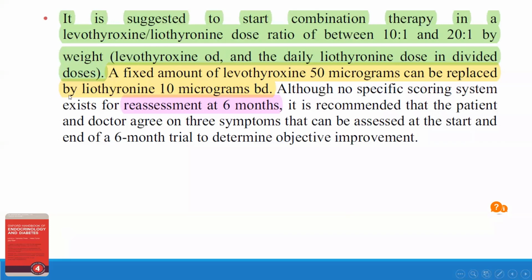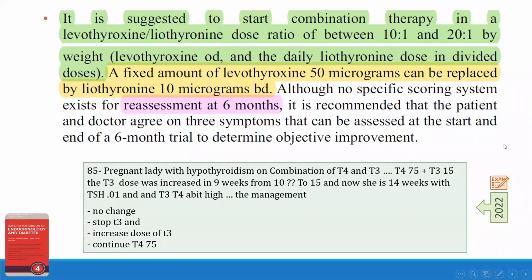No specific scoring system exists for reassessment at 6 months. And actually, this was a question in the previous exam, 2022. I will cover the combination and the dosage according to the guidelines after a few slides. A pregnant female with hypothyroidism on combination therapy T4 and T3.